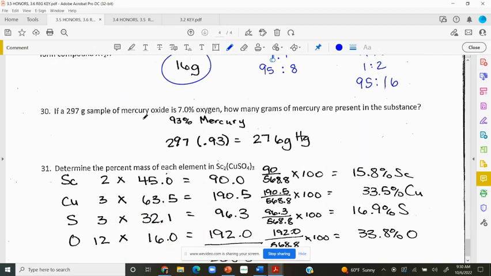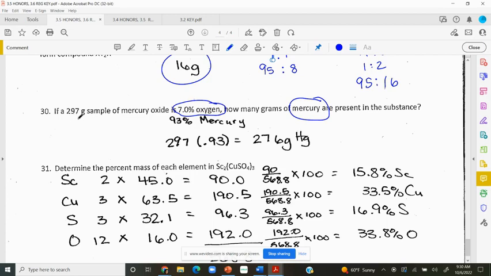In this question here, we have a sample of mercury oxide. It's 7% oxygen. This says oxygen, you guys. They want to know how many grams of mercury are there. So first of all, I need to figure out my percent mercury. Well, if it's 2 components and one of them is 7%, the other one has to be 93%.